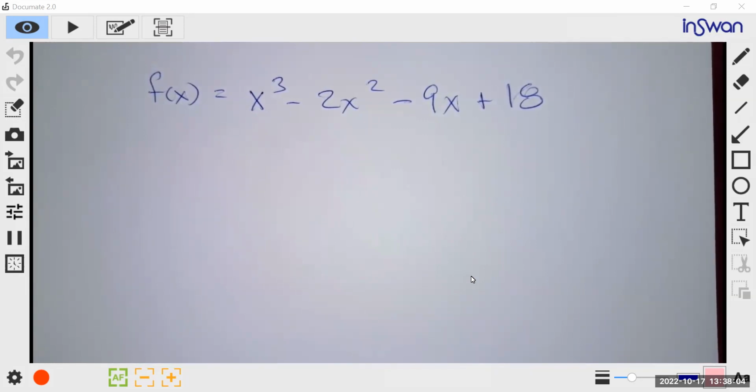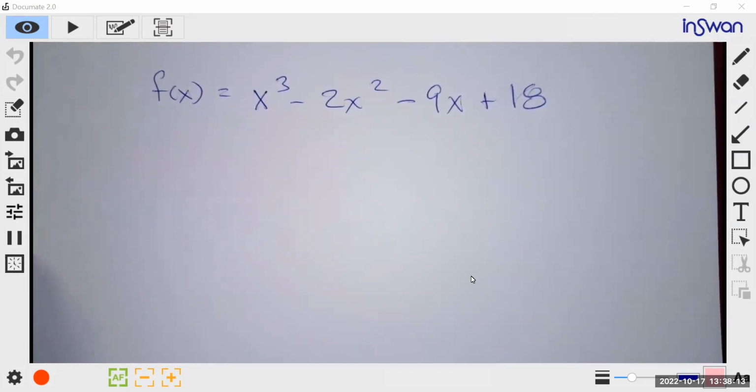Factor that out and roughly sketch the graph. We have 4 terms.